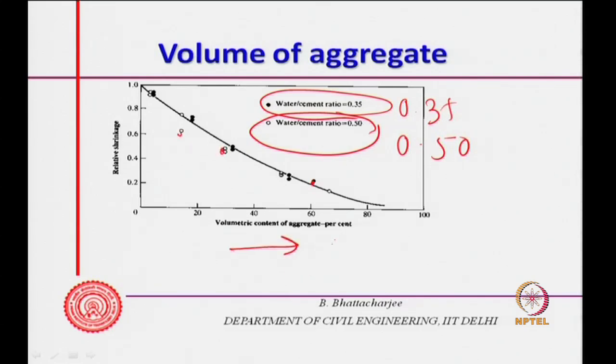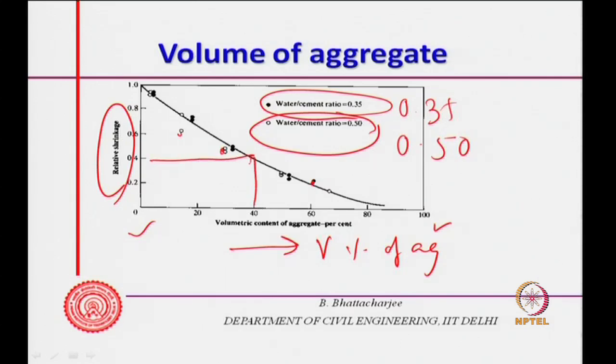You see the volumetric content of aggregate in percent. 100% aggregate obviously is not the situation, nor is 0% aggregate. If the paste shrinkage is considered to be 1, this is relative shrinkage, then with 40% aggregate, shrinkage gets reduced by about 60%, and at 20% it gets reduced by about 40%. So, depending upon the volume content of the aggregate, shrinkage would get reduced.